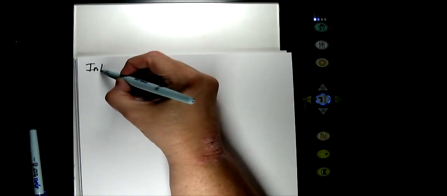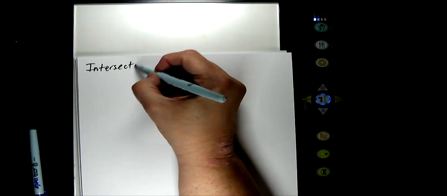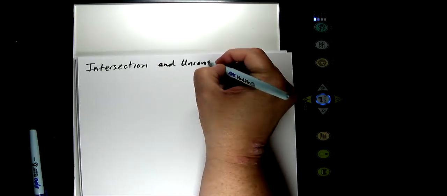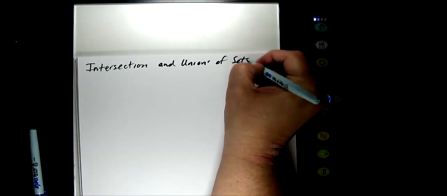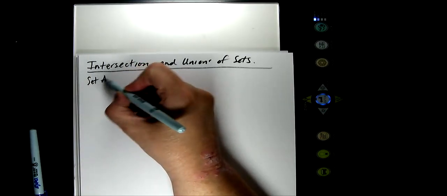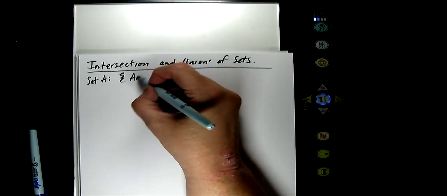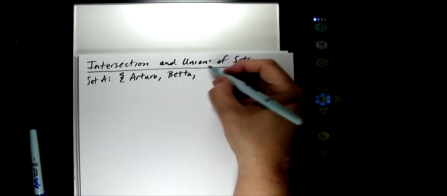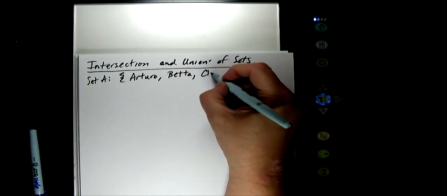Alright, so. The non-mathy stuff is intersection and union of sets. So let's say set A. I have 3 people in it. Arturo, Beta, and I don't know, Clyde.